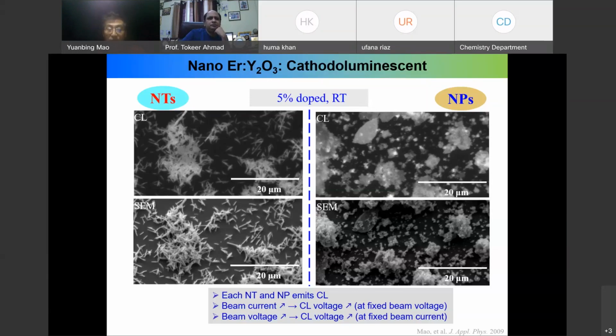So the electron beam voltage is fixed, we only increase the beam current, and we observed that the cathodoluminescence intensity increases. In other studies, we fixed the beam current but increased the beam voltage, and we also see the luminescence intensity increase. So this material is actually pretty responsive to the electron beam, right?